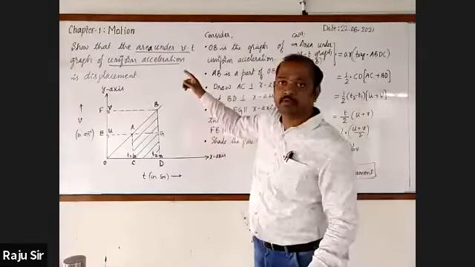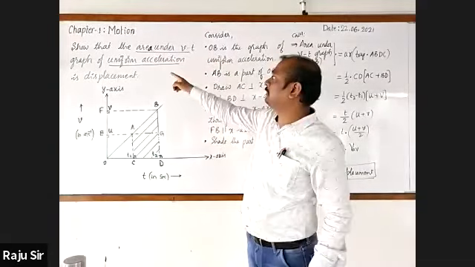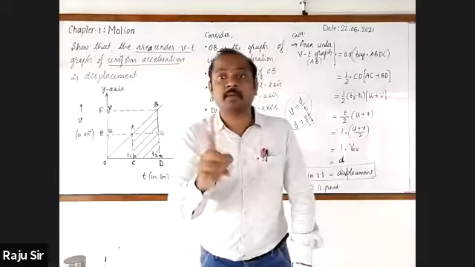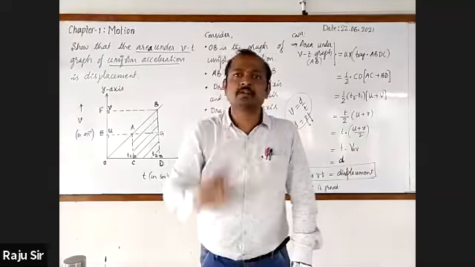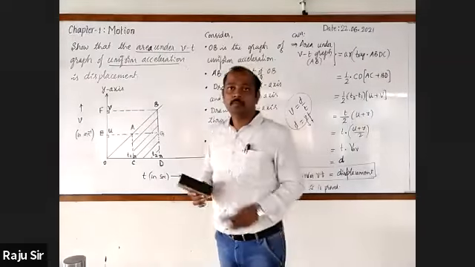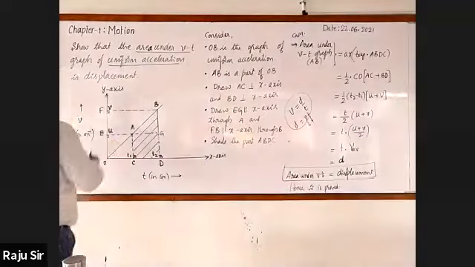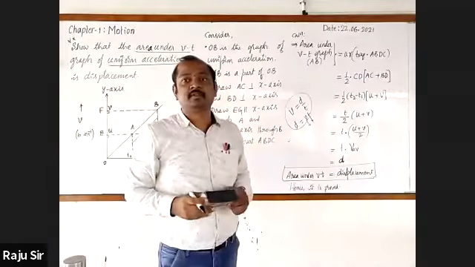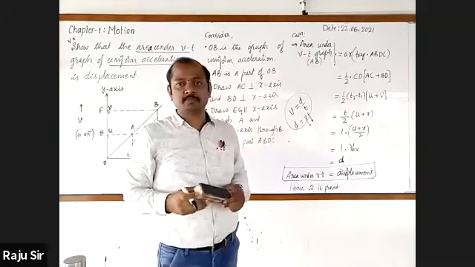That is, we have to show that the area under the VT graph of constant velocity is also displacement. Right? The question: put a star mark and write. Sir, this type of problem will also come in numerical problems, sir. 100%. I'll solve such problems as well.